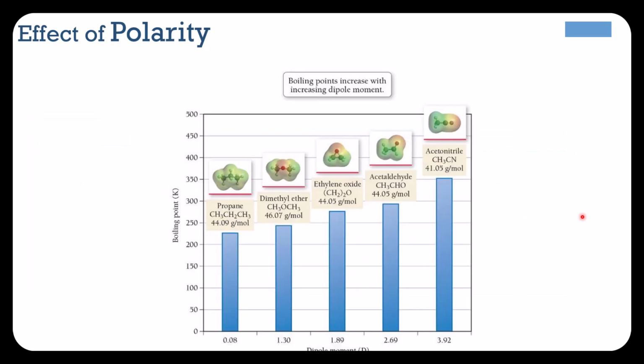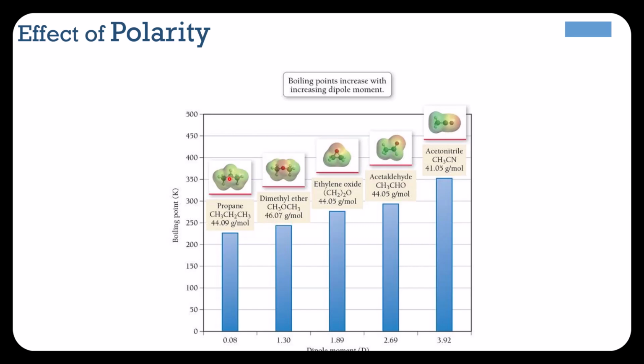Here's another example of how polarity affects the boiling point. You can look at these series of molecules and their dipole moments. And we see that these increasingly get stronger and stronger dipole moments.